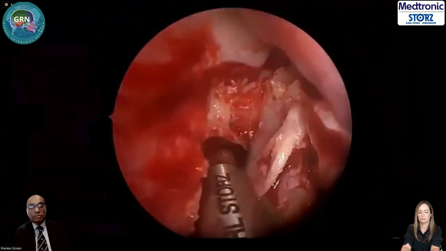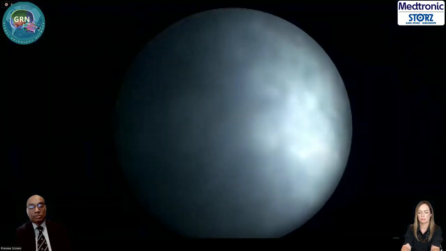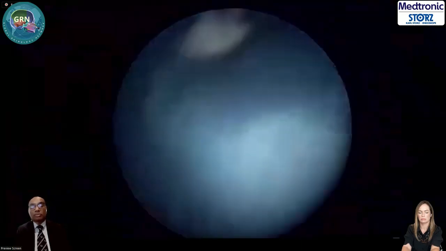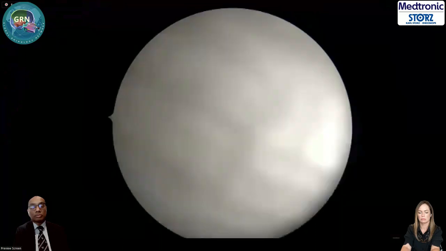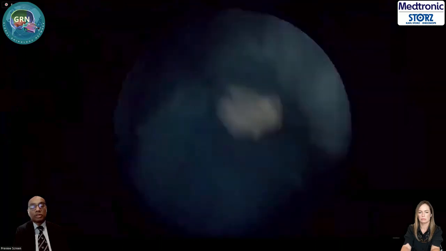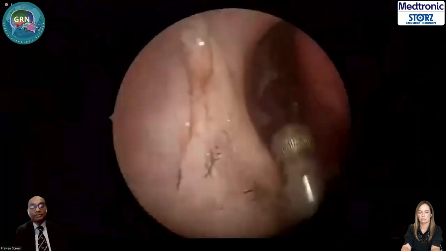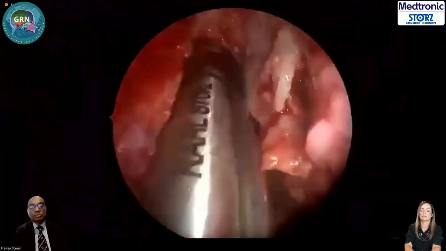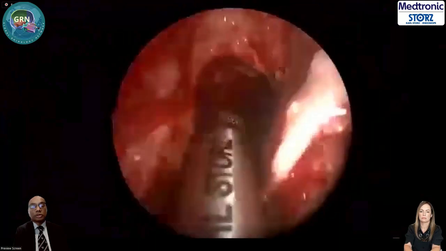We can perform a standard medial maxillectomy enlarged to the piriform. In this case, the prelacrimal is really at the limit.